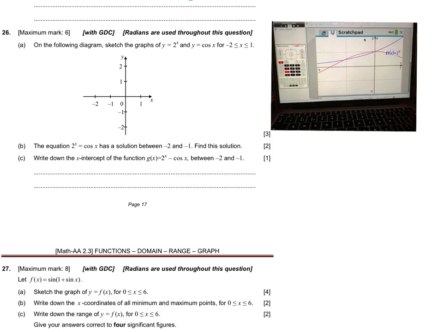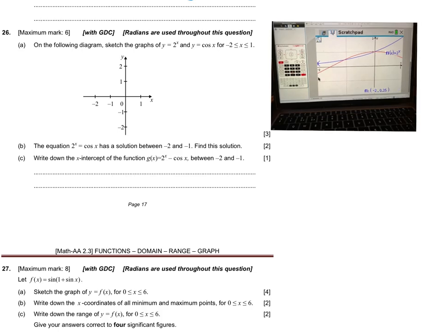graph of that, and to scale to the domain they want, and I just put their range as well, from negative 2 to 2. And we need endpoints. So if you go to graph trace, and you can type in negative 2, enter.